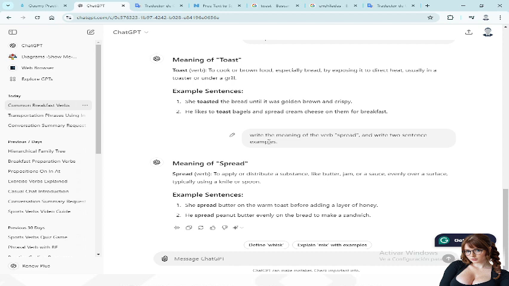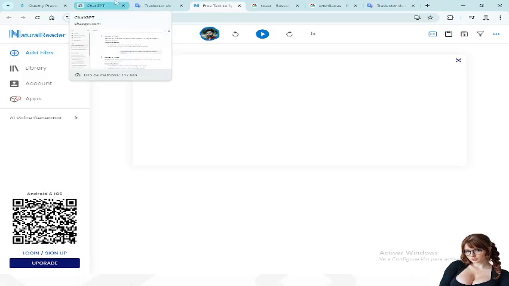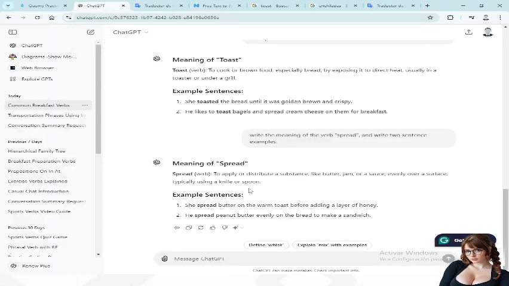We also use other tools such as Natural Reader to understand the correct pronunciation if we are practicing with a native speaker.